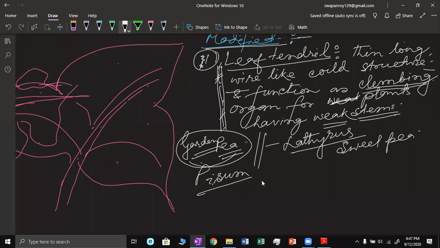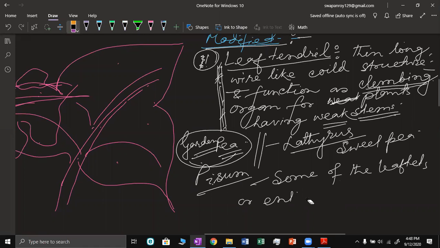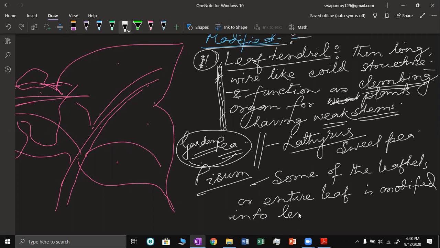Some of the leaflets, or the entire leaf, is modified into tendril.